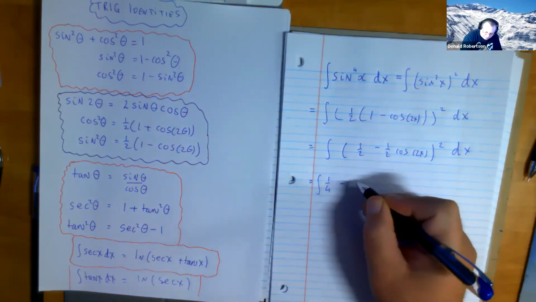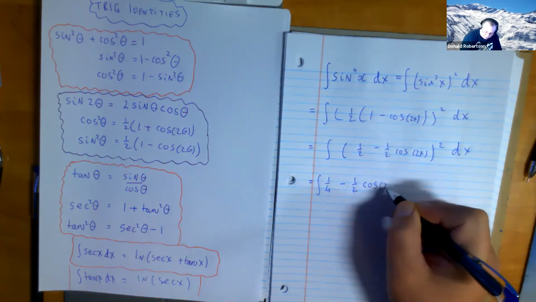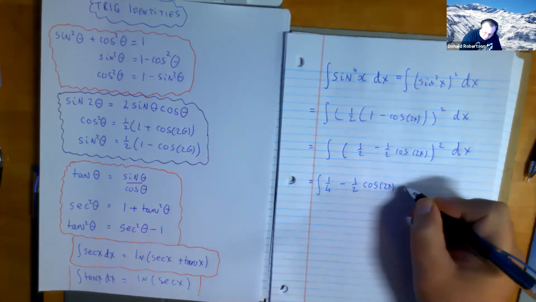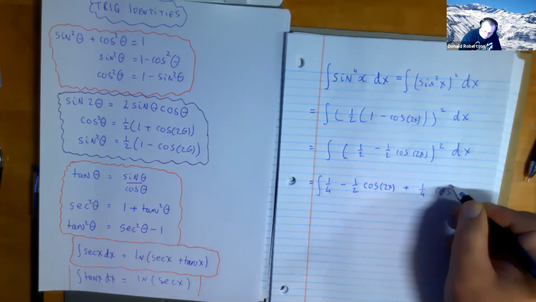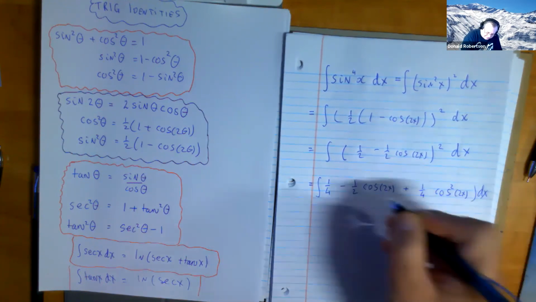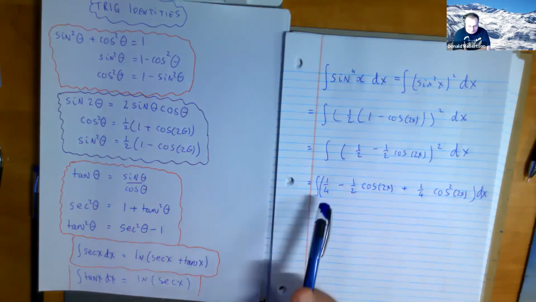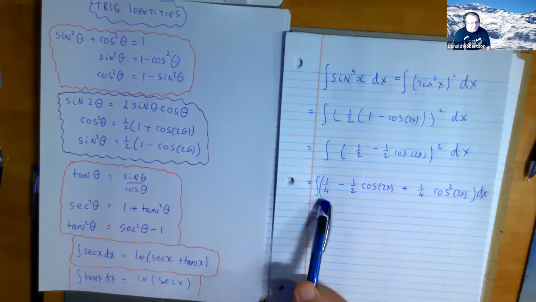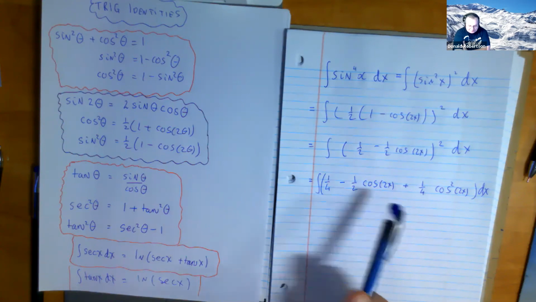Then I'm going to end up with negative a half the cosine of 2x. And then I'm going to be left with plus 1/4 cos squared 2x. And we're now there. Okay. Good to go. I can integrate him.